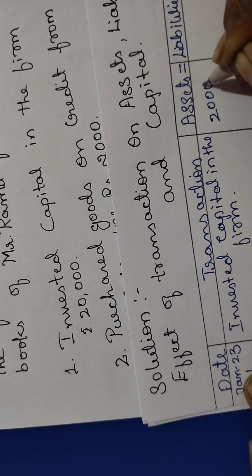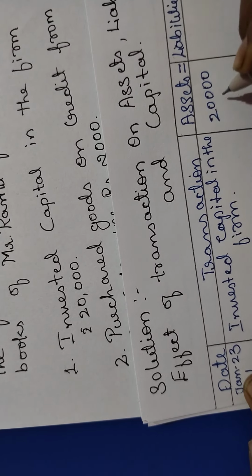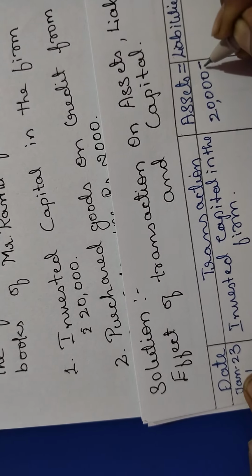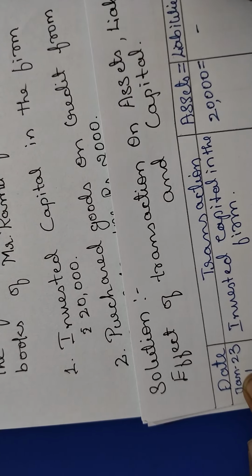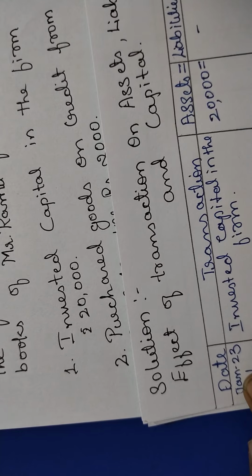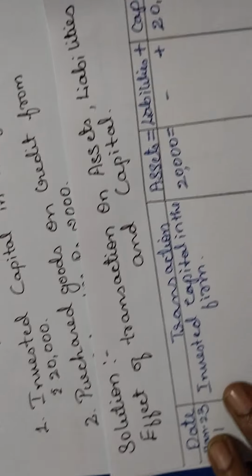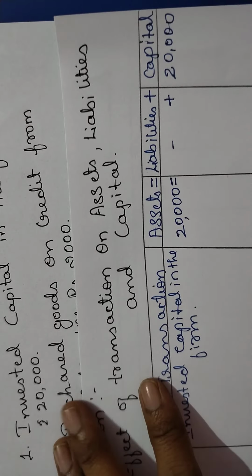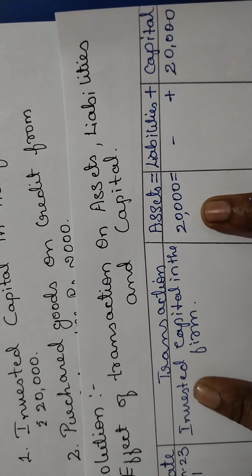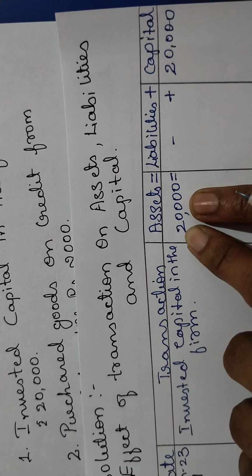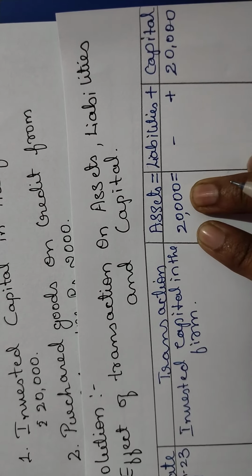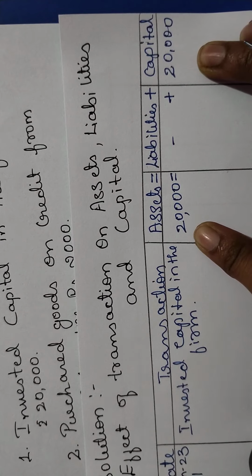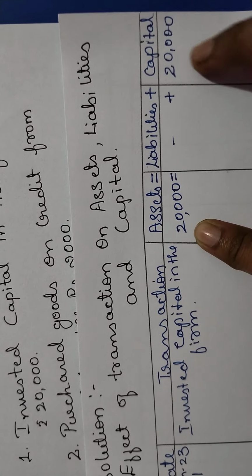It is an asset. Cash is an asset, and there is no liability in the form of capital. Asset, cash is increased 20,000. At the same time, the capital is also increased.